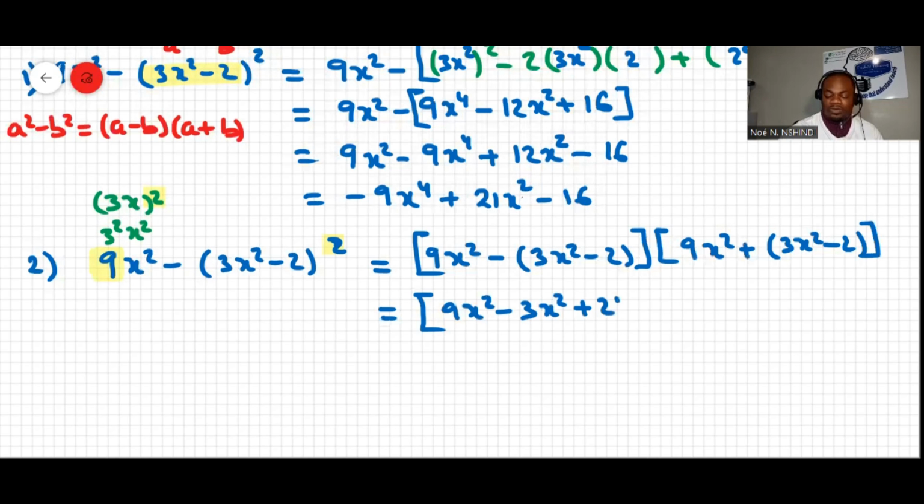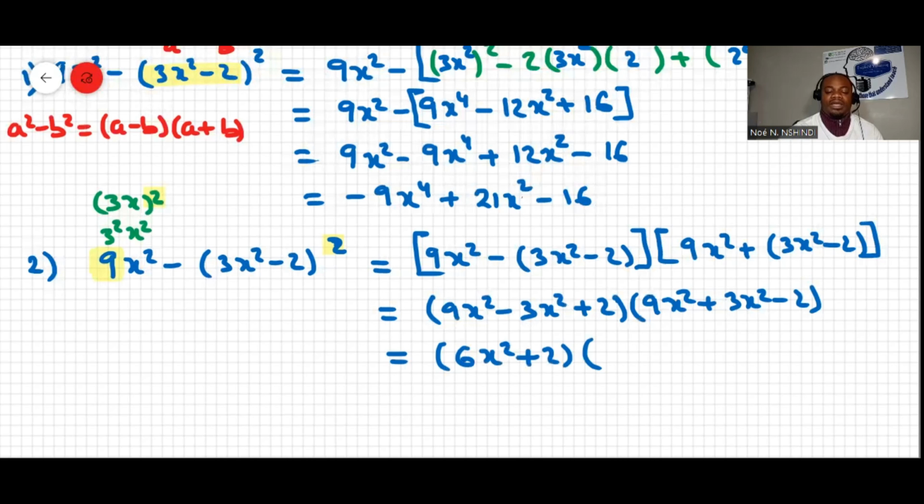There's no need to use a square bracket now. Open bracket, 9x squared plus 3x squared minus 2, close round bracket. And now we can simplify again, 9x squared minus 3x squared makes 6x squared. We combine the like terms. And then 9x squared plus 3x squared makes 12x squared minus 2.